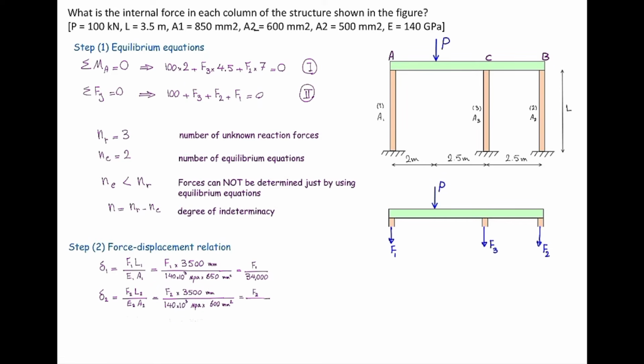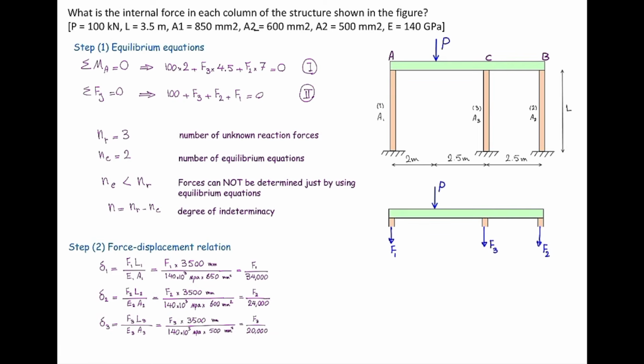If I plug in the values, that simplifies to F2 divided by 24,000. In a similar way, we can write down delta 3 as FL over EA. Plug in the values, we would get F3 divided by 20,000. So, we have determined the deformations in terms of the internal forces, which are unknown.